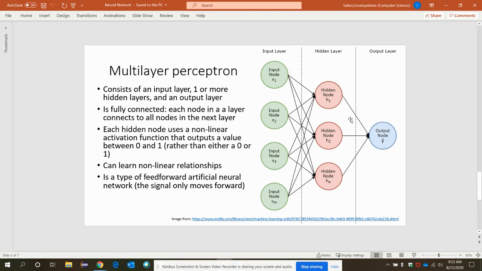Our previous single layer perceptron was not able to learn non-linear relationships, but the multi-layer perceptron has the ability to learn them. It is also called a feed-forward ANN, that is artificial neural network, because every input from the input node is fed forward to the hidden nodes, and then the output is determined.